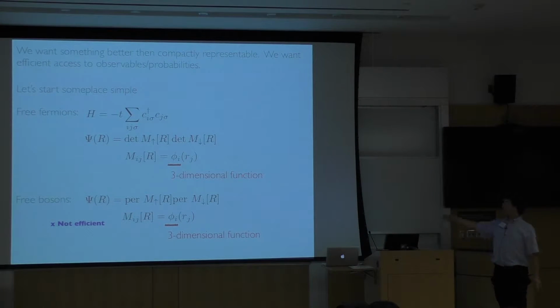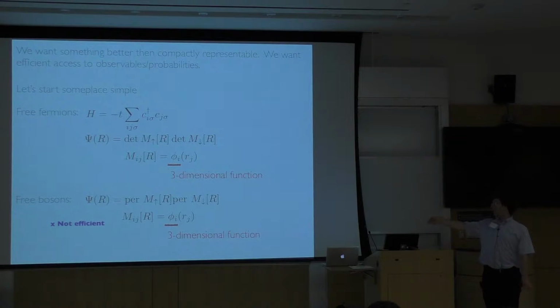In free fermions, you have some hopping, and the ground state wave function, which is the thing we'll talk most about today, is the product of a spin up and a spin down determinant. And just to be pedantic, what I mean is a wave function is something that eats locations of the electrons and spits back a number. The electrons fill up a matrix. That matrix is generated by having a bunch of single particle orbitals.